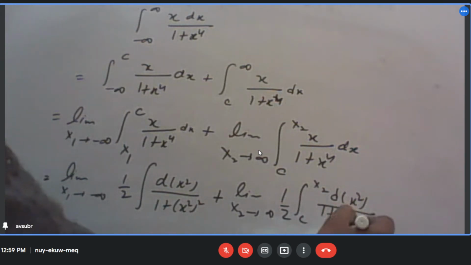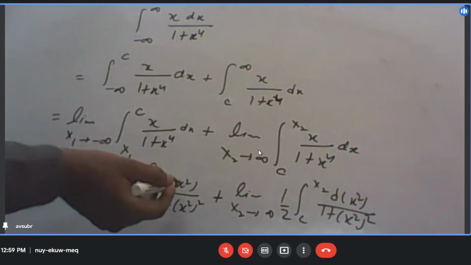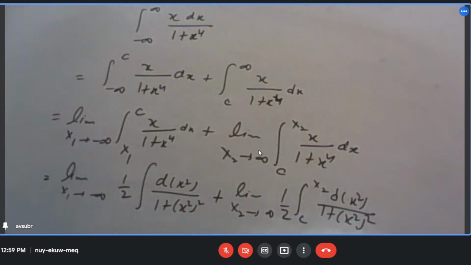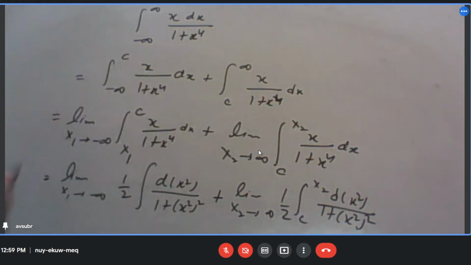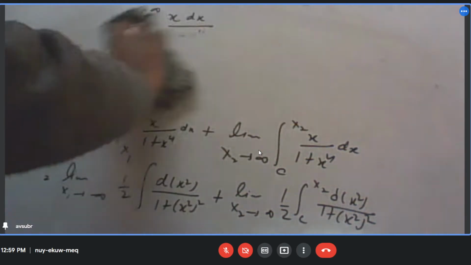Is there any problem? If I differentiate this, 1 by 2 d of x square, I will get x dx only. By doing so, I have brought it into a form which can be integrable. So I am now integrating it.